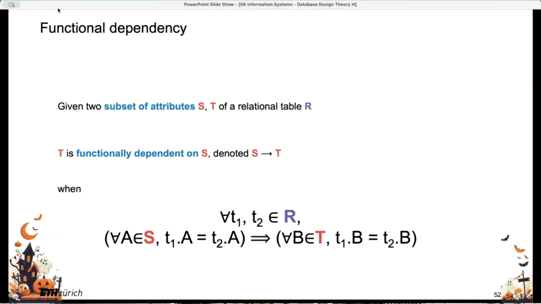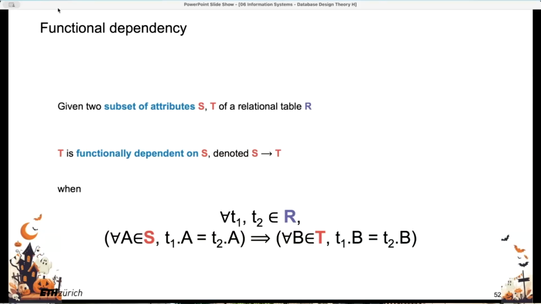It basically says that when I pick two tuples in my table, it might be 1,000 different tuples, 1,000 different records in my table. But whenever I pick two of them, if these tuples happen to match on S, meaning that on the set of attribute S, these tuples have exactly the same values, then that functional dependency tells me they must also match on T, on all attributes in T, right?